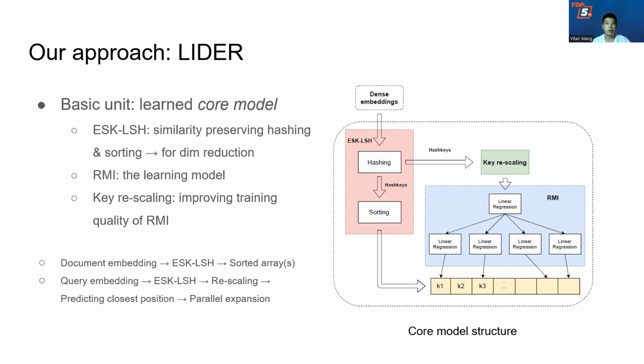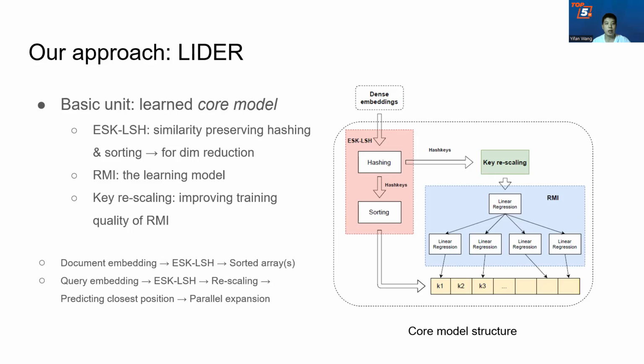And then it's our approach, LiDAR. LiDAR is constructed based on multiple basic units, which we call core models. The core model includes three modules. The first module is extended SKLSH or ESKLSH. It is for hashing and sorting the embeddings. Basically, it is for dimensional reduction, to reduce the embedding into a one-dimensional hash key.